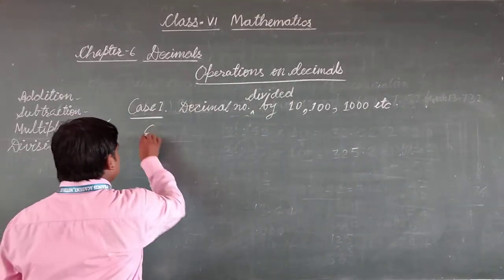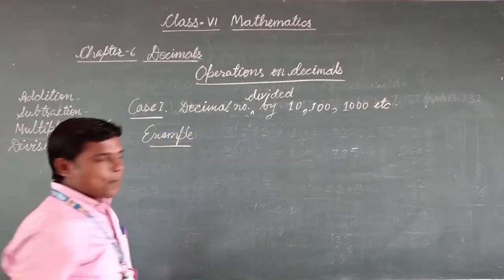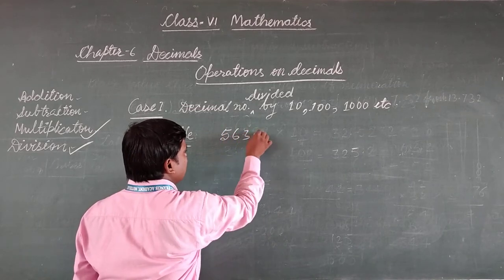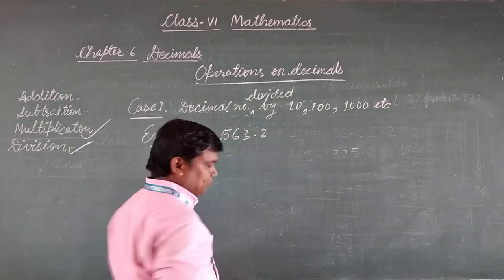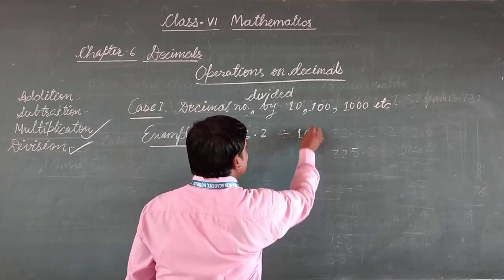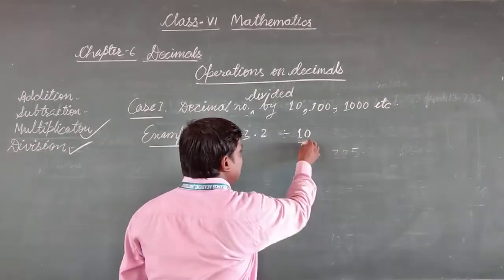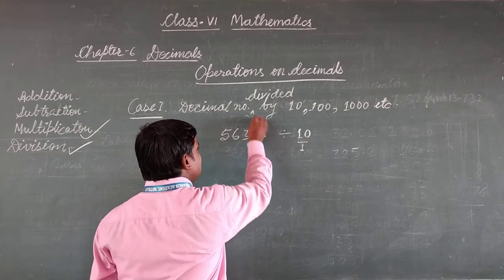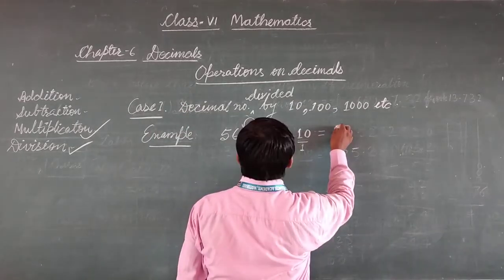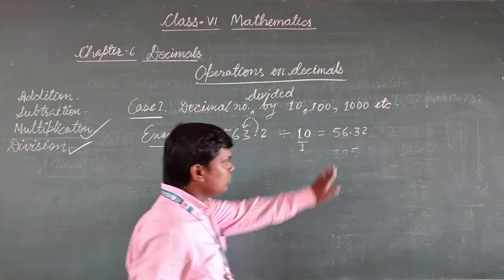See the example. If we have 563.2 and you have to divide by 10. As I told, here number of zeros is 1. So the decimal place shifts to the left by 1 place, and then our quotient will be 56.32.